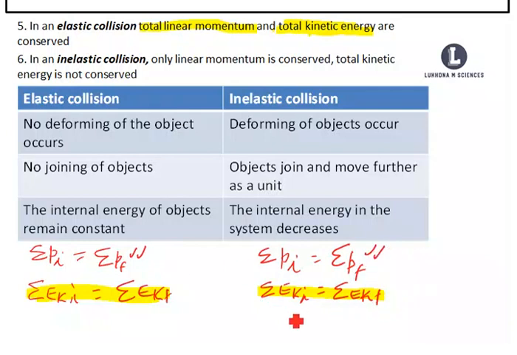So in an inelastic collision the EK initial is not equal to the EK final, whereas in an elastic collision the EK initial is equal to the EK final. Let's go to the example.